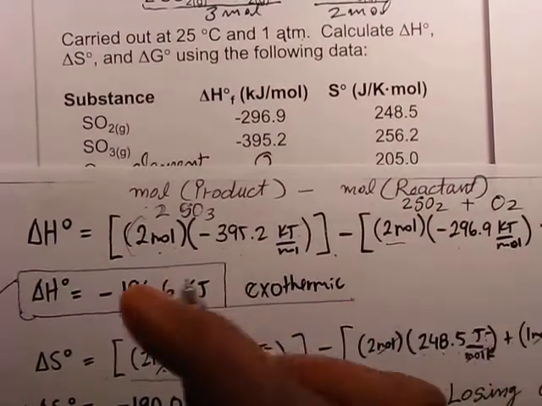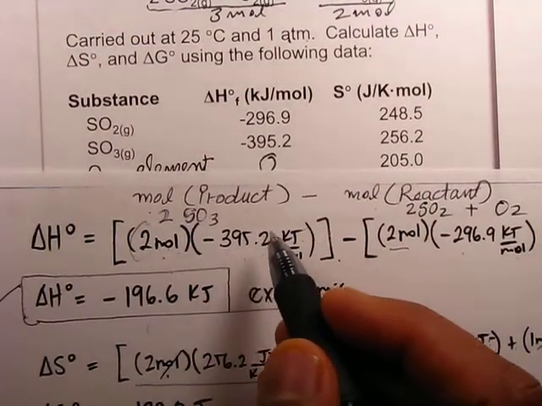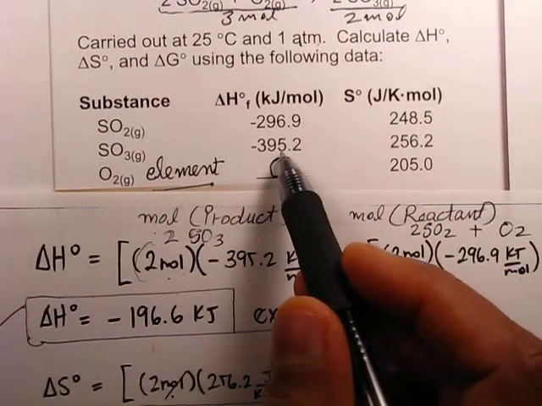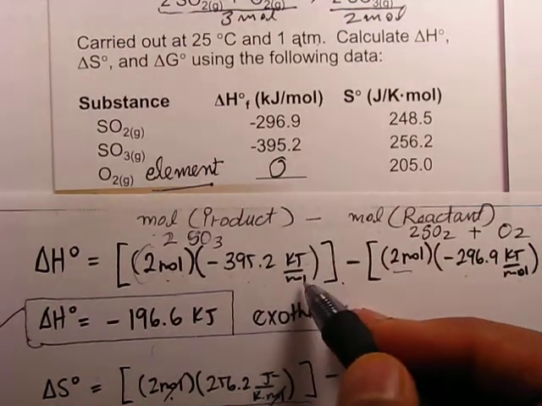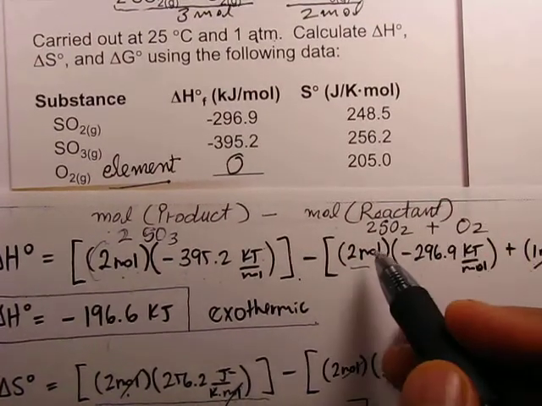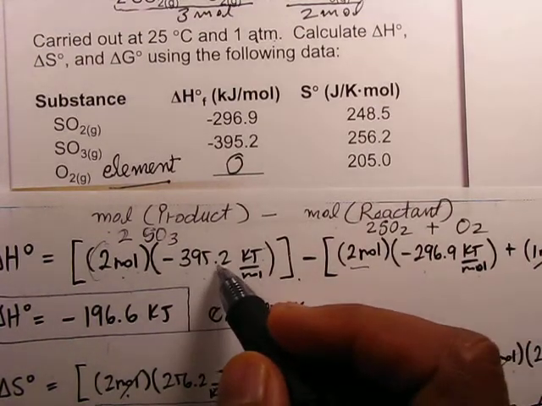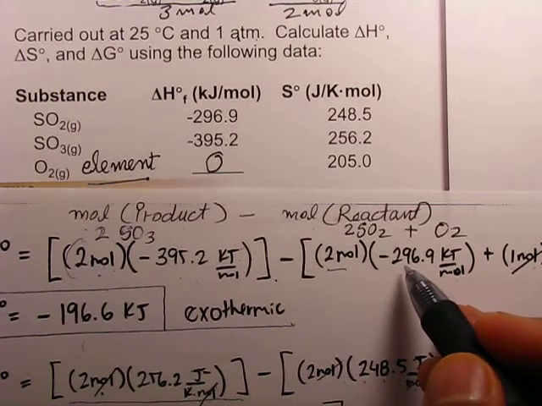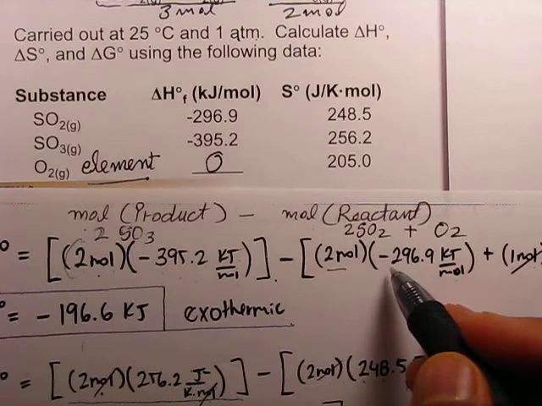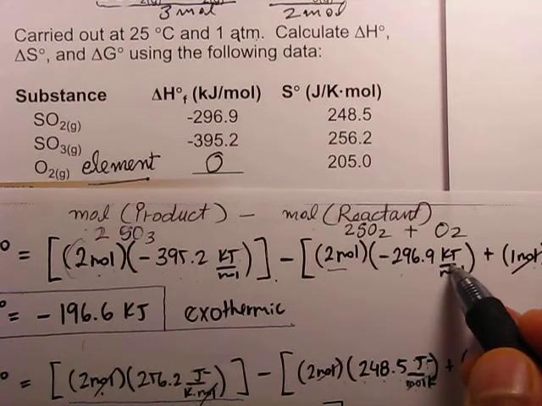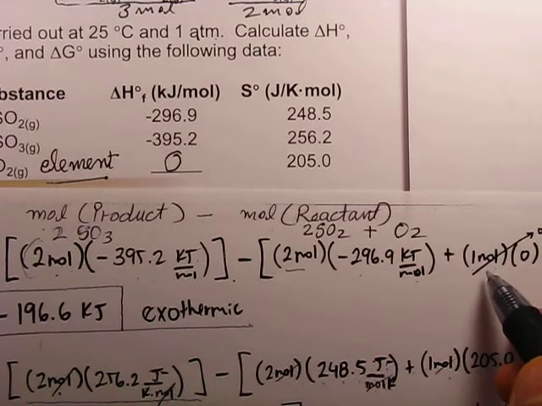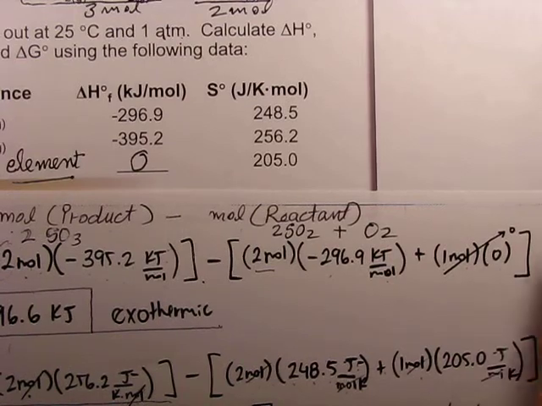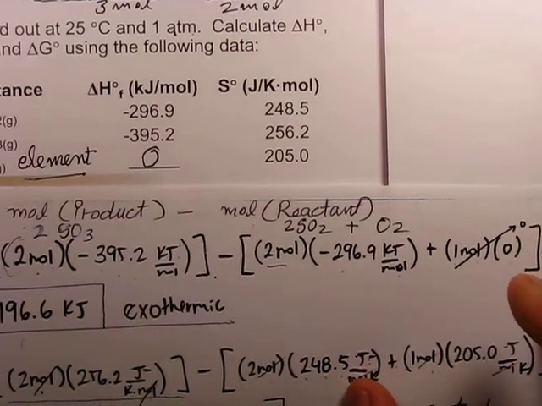So 2 moles of SO3, with delta H for SO3 given as minus 395.2 kilojoule per mole, is the product. For the reactant, 2 moles multiplied by the enthalpy of SO2, which is minus 296.9 kilojoule per mole, plus oxygen. The oxygen enthalpy is 0 for 1 mole, so it is already gone from the calculation.